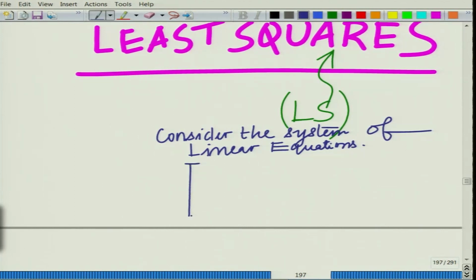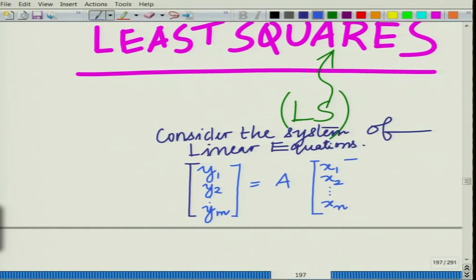Let us say we have y1, y2 up to ym equal to the matrix A times x1, x2, up to xn.